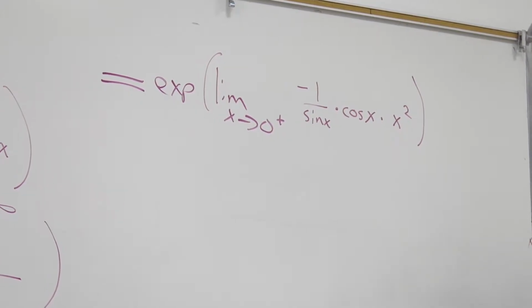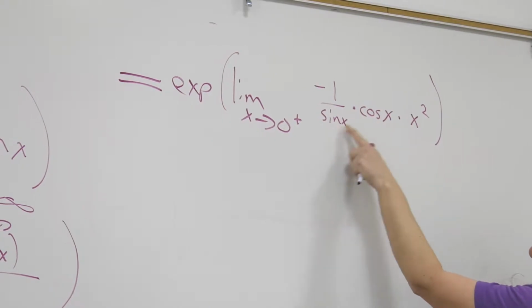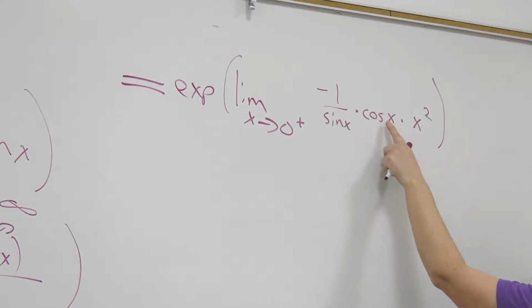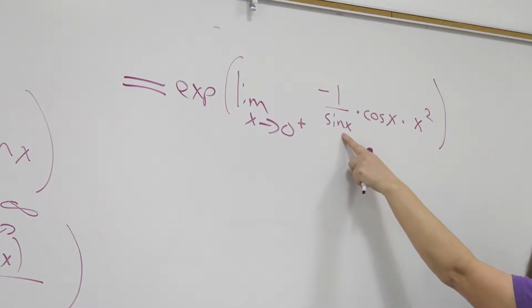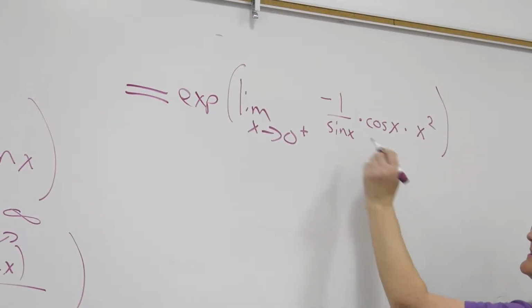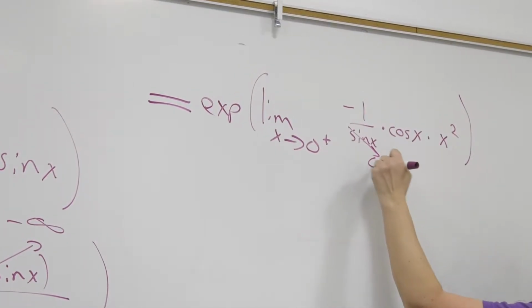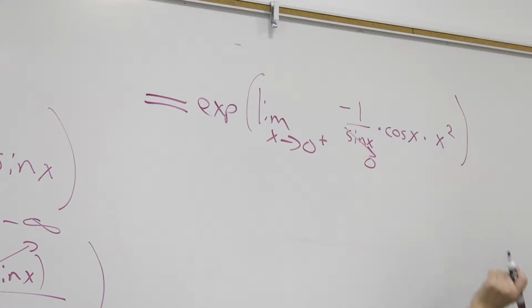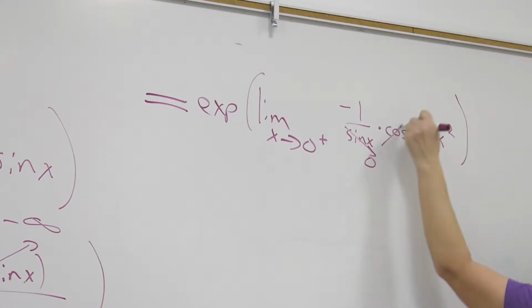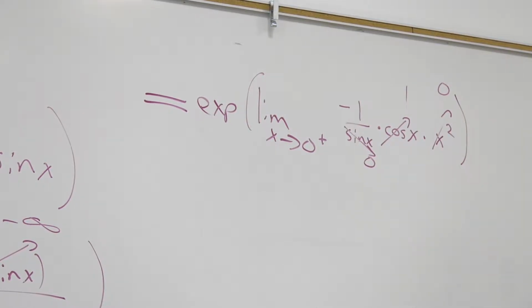Now, if I take a look at this, I've got a couple of options here. If I wanted to, I could rewrite this as cosine over sine being cotangent. But I'm going to just notice that since sine x is going to 0, this piece as a whole would be going to negative infinity. Cosine x, though, is going to 1, and x squared is going to 0.